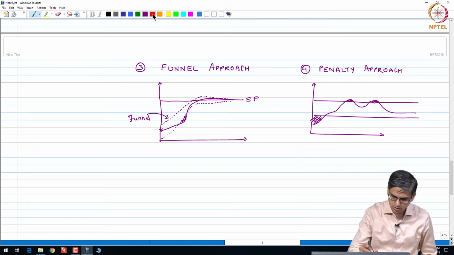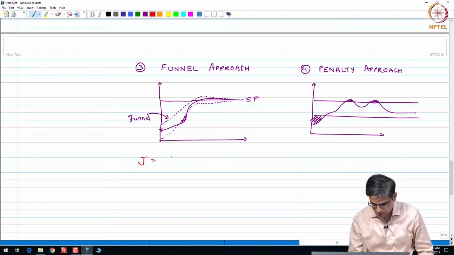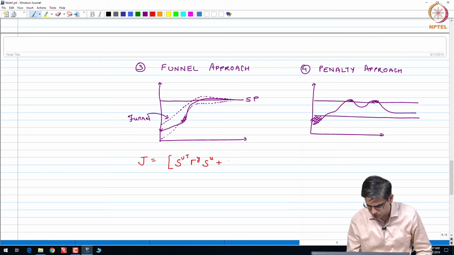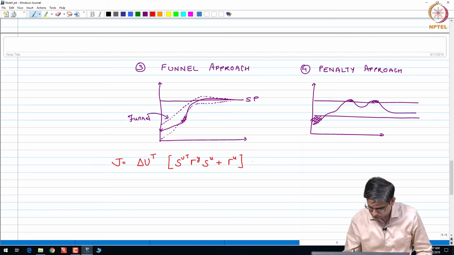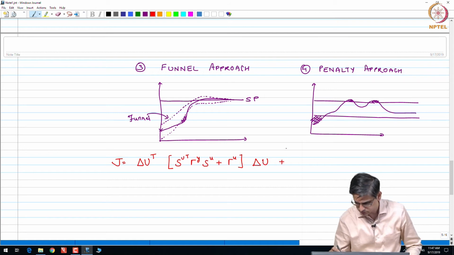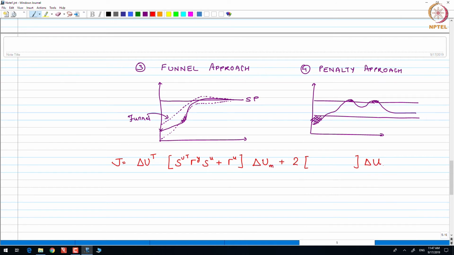So, how we are going to write our J is as SU transpose gamma Y SU plus gamma U as the Hessian. I don't remember this off the top of my head.